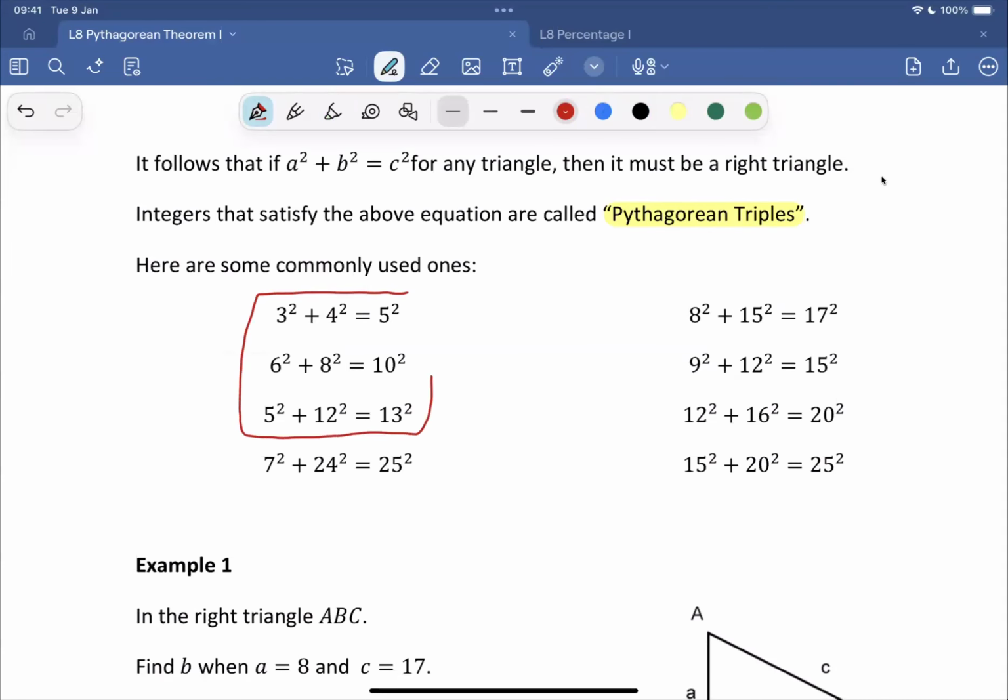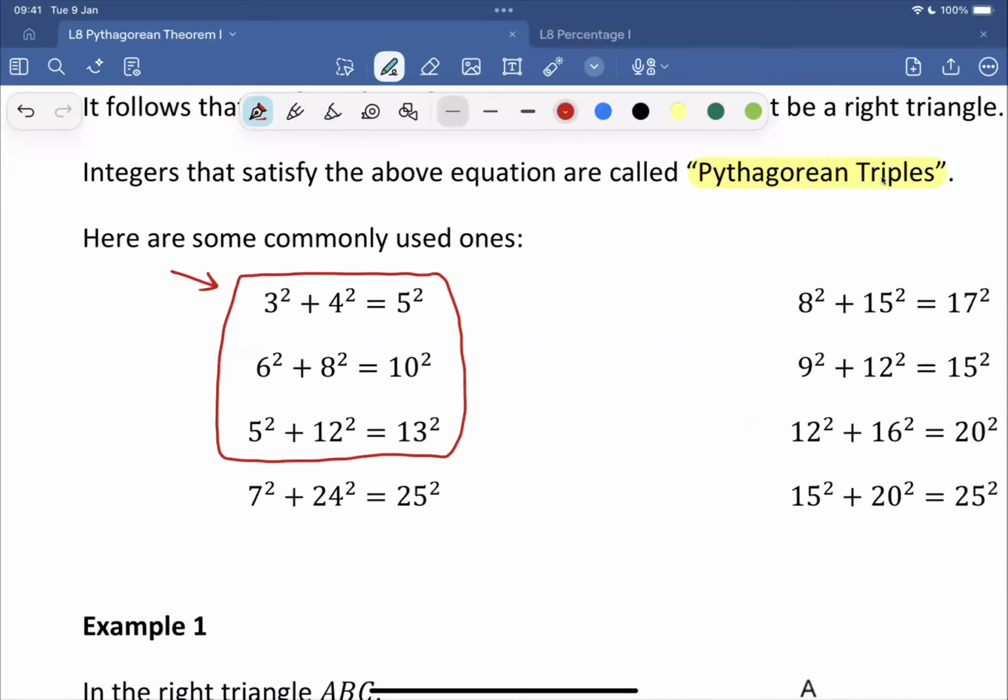Okay, so if you can memorize these three, it'll be very good. 3, 4, 5, 6, 8, 10, 5, 12, 13. So if you can memorize these three, then you'll find your life much easier when you solve Pythagoras type of questions. Okay? 3, 4, 5, 6, 8, 10, 5, 12, 13.